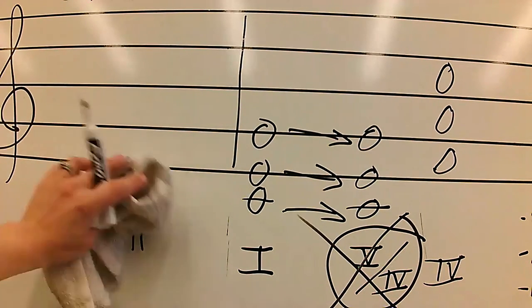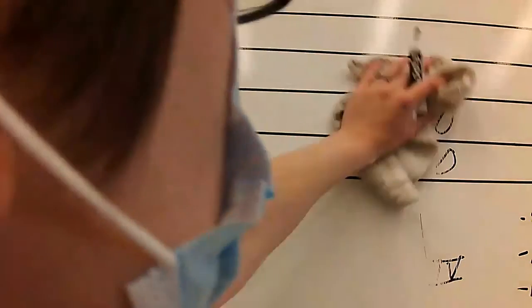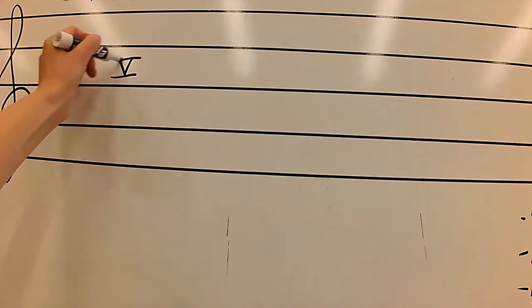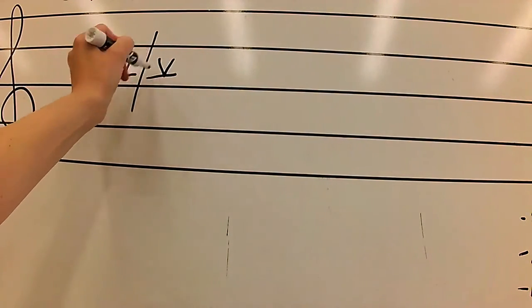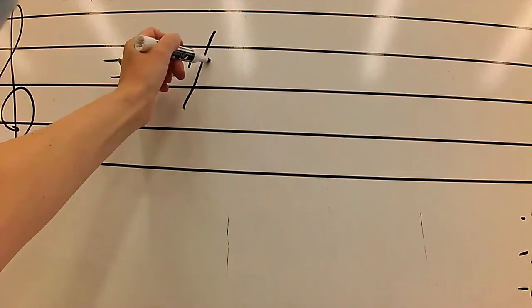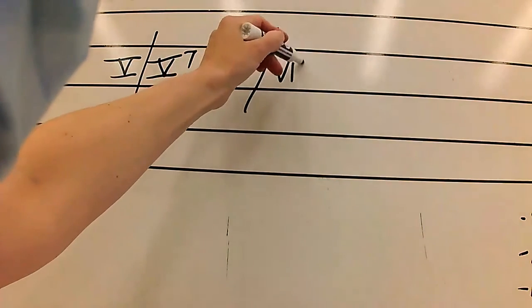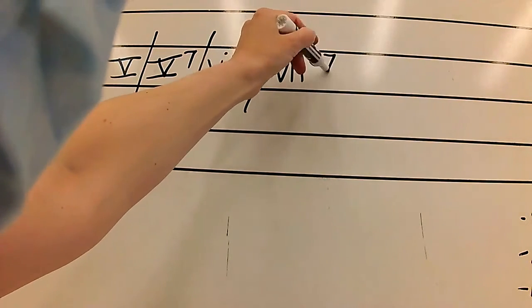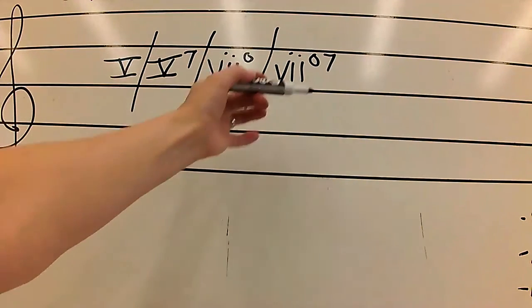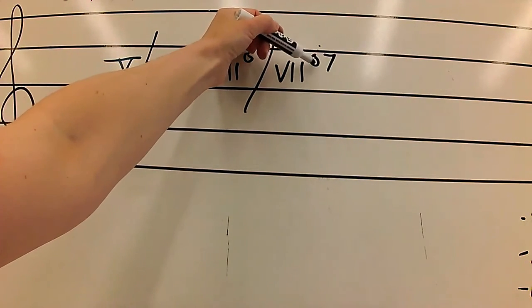So again, your possible secondary dominants are all your chords in the dominant family: 5, 5 7, 7 as a triad, 7 as a seventh in whatever format you please, half diminished or fully diminished.